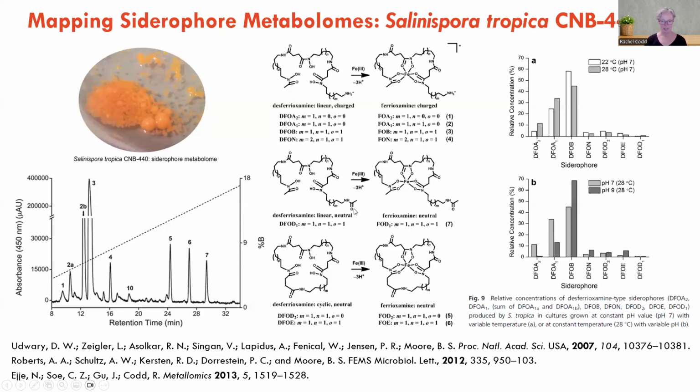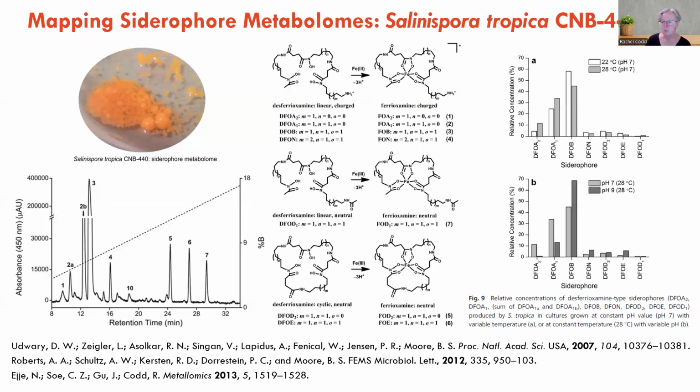So it does produce desferrioxamine B, which is shown down in this region of the chromatographic trace. But really what's relevant here is that it produces all sorts of different analogues of this siderophore class. So you might ask why. What would be the rationale for producing so many different siderophores that essentially, in a global sense, have a common function in terms of iron acquisition?